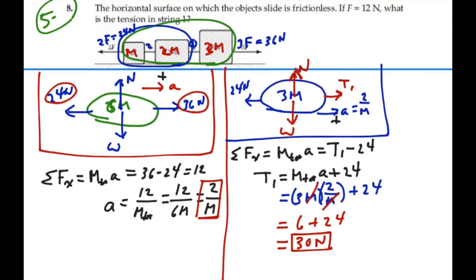Now we didn't have to do the blob this way. We could have focused in on the other 3M mass and done a free body diagram of it. We notice that we have a 36 newton force going to the right, and tension 1 in this case would be going to the left.